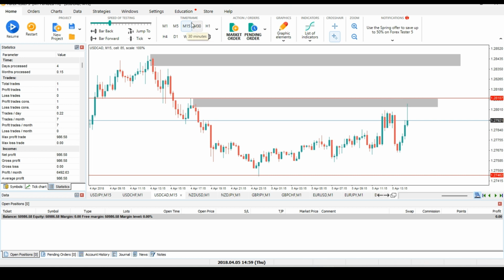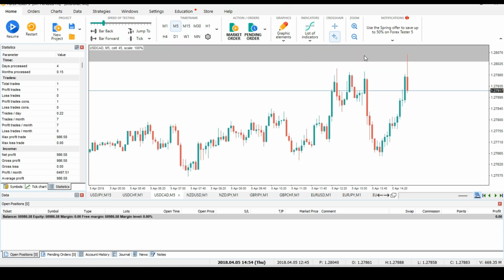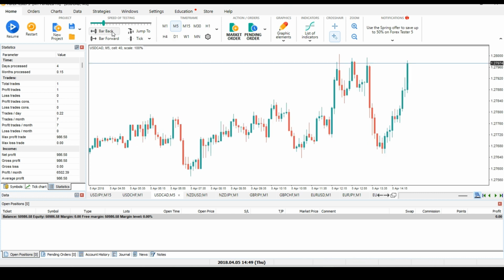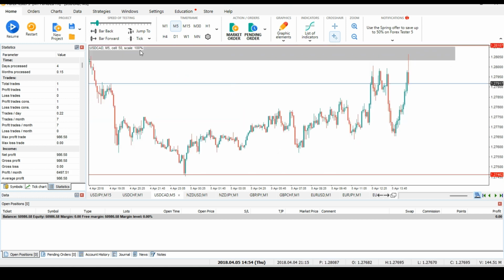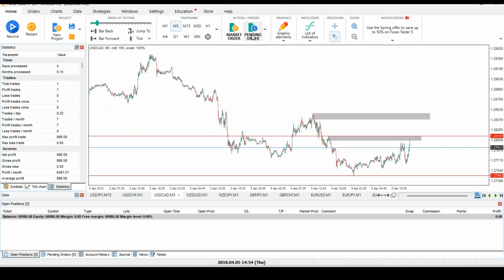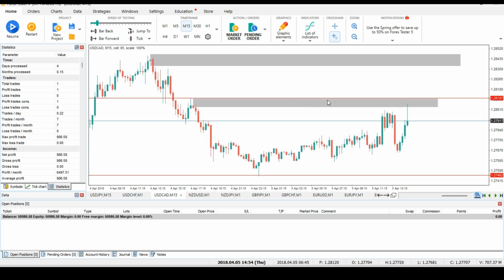That was nice, but we had that beautiful rejection right there on the lower time frame, and that's what we want to get right here. I don't know what to do now, because this is the level I was waiting for price to react from, and now the market has reacted.